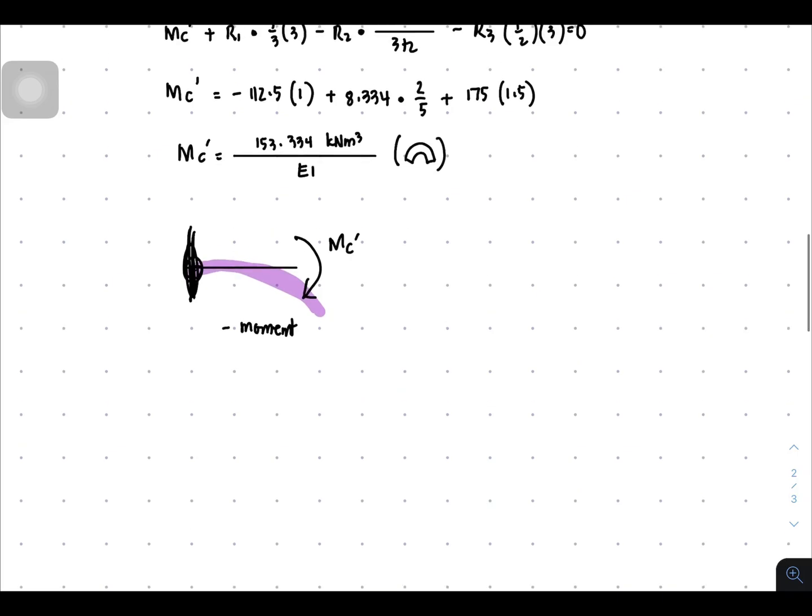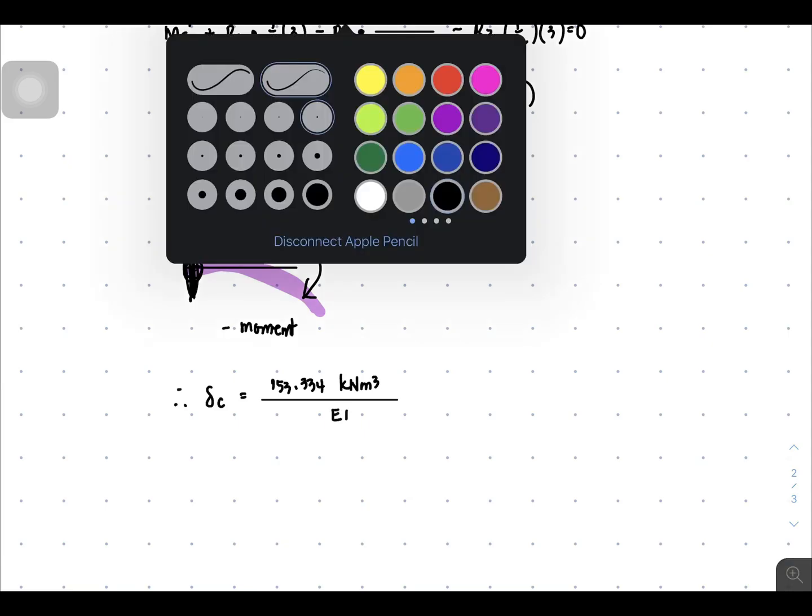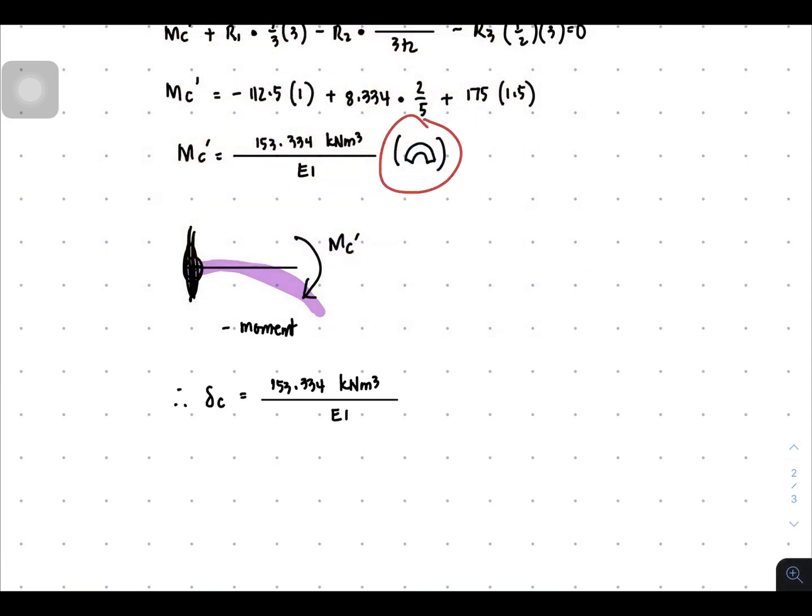Okay, therefore the deflection at point C is equal to the same value, which is 153.334 kilonewtons cubic meter over EI, but we have to conform to that.